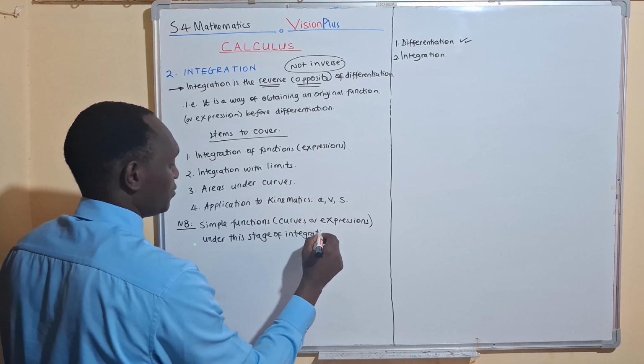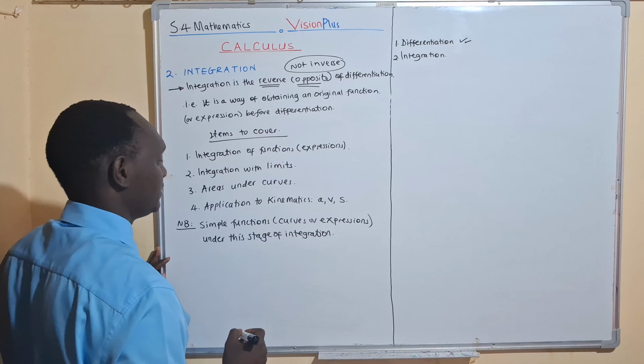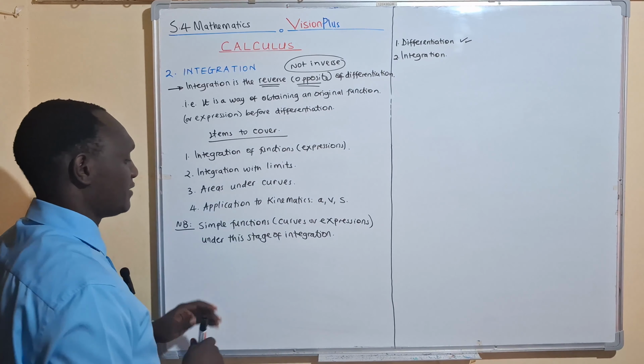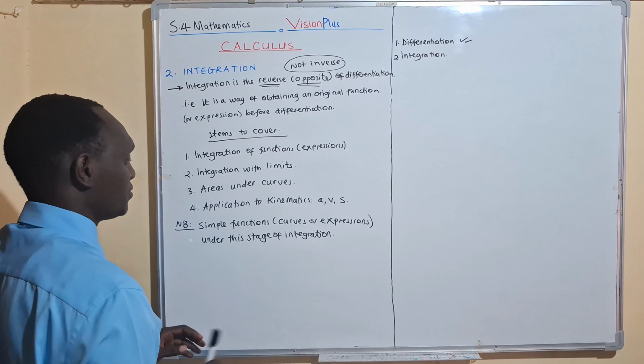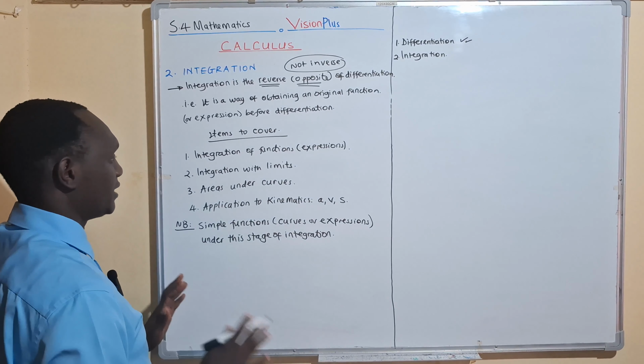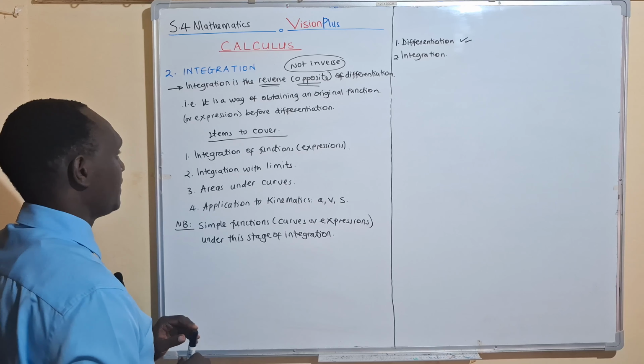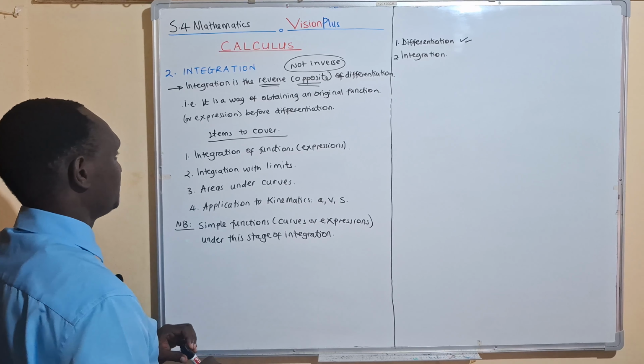This means that we shall not integrate things like exponential curves, ratios like sine, cosine, and tan. We shall not do them. Those ones are in additional mathematics.